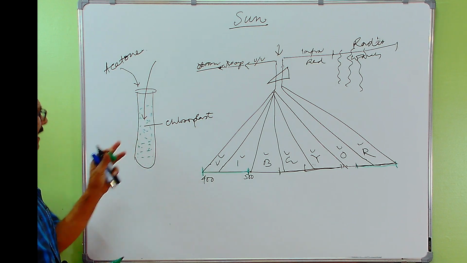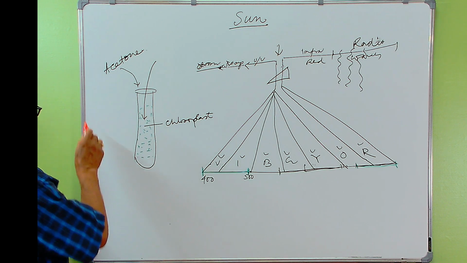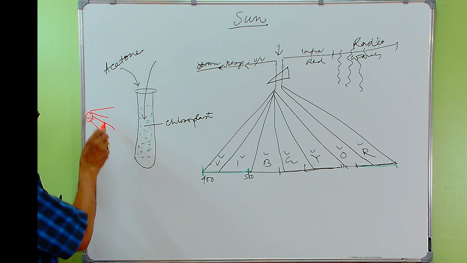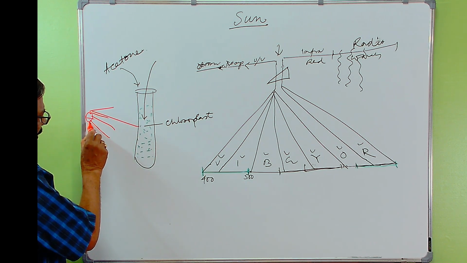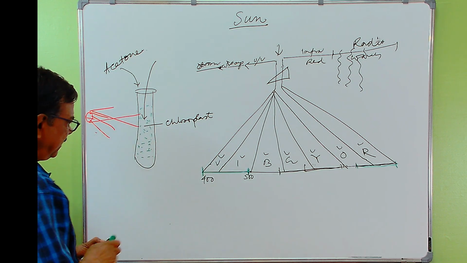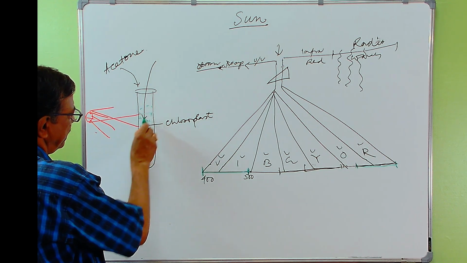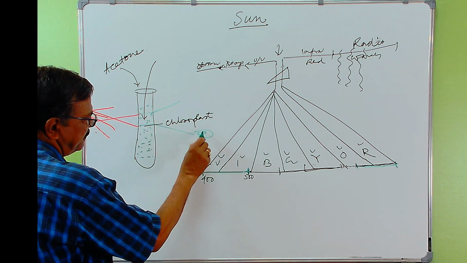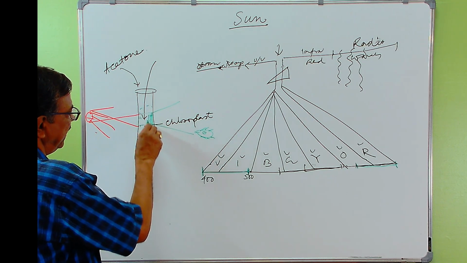So if you see the liquid, say for example, here is the sun. Sunlight is coming like this. If you see from this place, you will see this appears green.